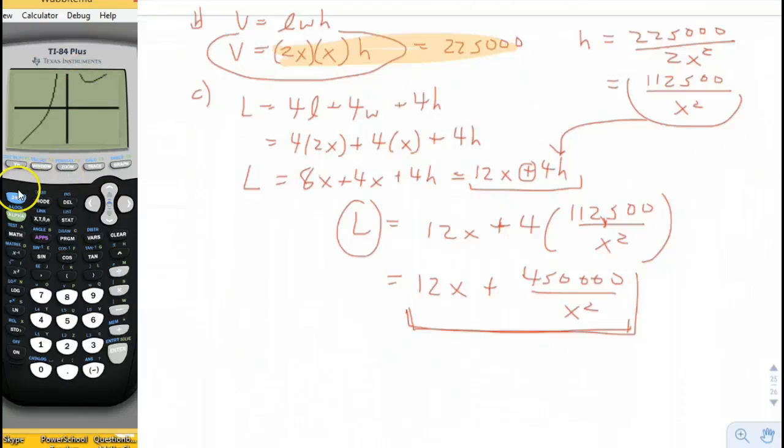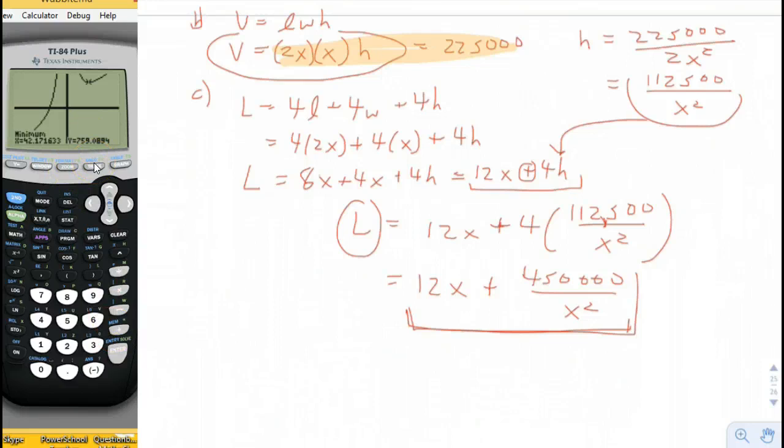We'll say second calc, minimum, left bound, we need to put it about, where is it? Not negative, we want it a little bit, yeah, there we go, around there. To the left of this point, because that's the minimum. And then we move a little bit to the right of that point. And then we guess.